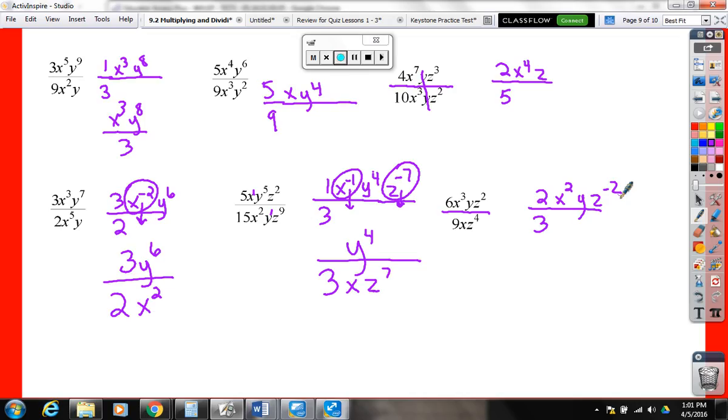To get rid of the negative exponent, what will I have? What will be left on top? 2x squared and y. Good. And then on the bottom, 3 negative. Not negative. When we move it to the bottom, we're moving it to get rid of the negative, so it just becomes positive on the bottom. Okay, good. Any questions?